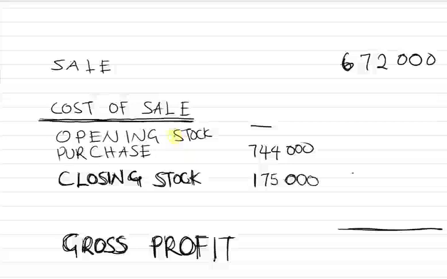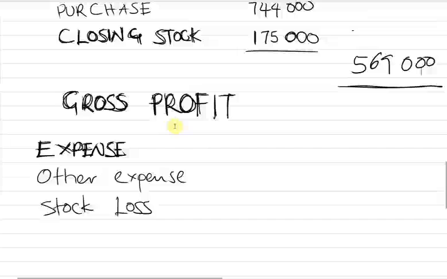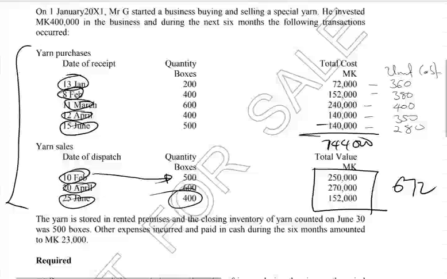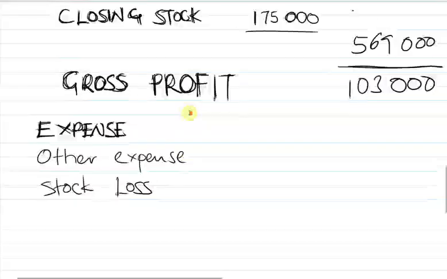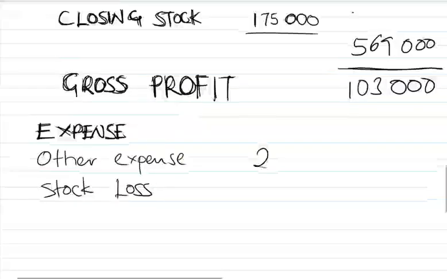So if you subtract that, we should find that the cost of sales is 559,000. So if we subtract, we should find a gross profit of 103,000. This is our gross profit. Now they told us that there's been paid expenses amounting to 23,000. So that's the expenses that were there. So we're gonna put on expenses 23,000.